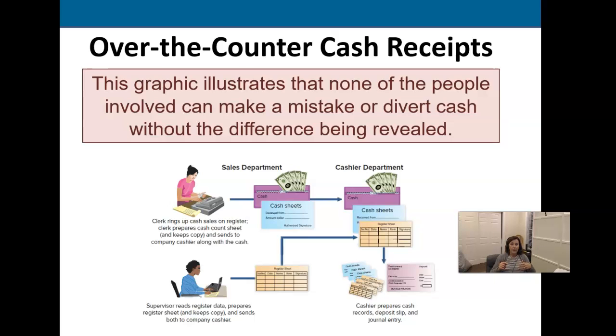The armored car people, they're not fools. If something's missing, who's an easy one to blame? The cashier says, I don't know, I gave it to the armored car drivers, they must have taken it. So the armored car people are going to make sure that anything they take custody of is either completely inaccessible to them or fully accounted for at the time they get a hold of it.